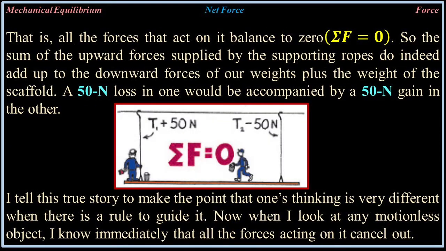That is, all the forces that act on it balance to zero. Sigma F equals zero. So the sum of the upward forces supplied by the supporting ropes do indeed add up to the downward forces of our weights plus the weight of the scaffold. A 50 newton loss in one would be accompanied by a 50 newton gain in the other.